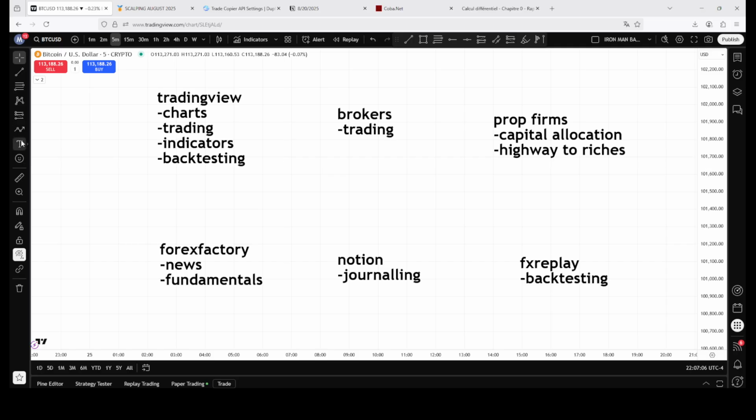Meaning you have $100,000. You need to pay about 500 to 800 US dollars for it. They give you that account and you need to make $10,000 on it. So you need to go from 100,000 to 110,000 without losing 10,000, so without going under 90,000, right?